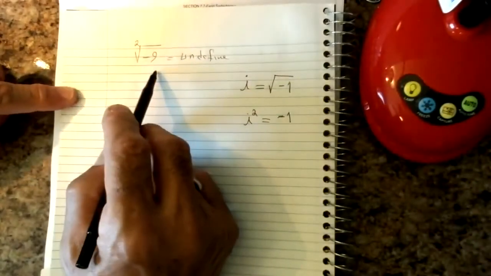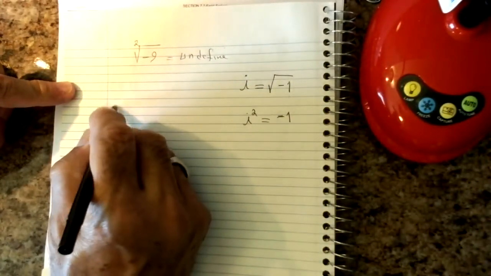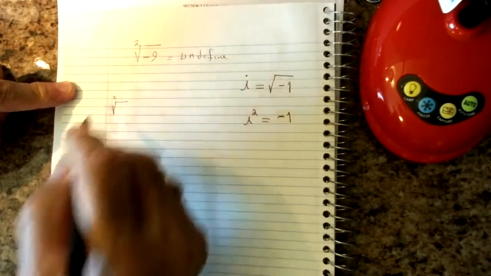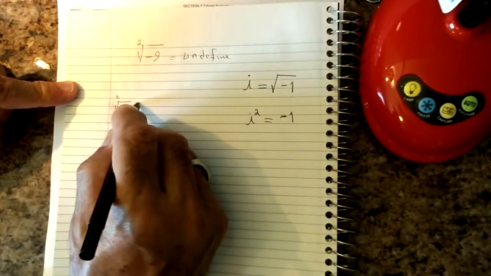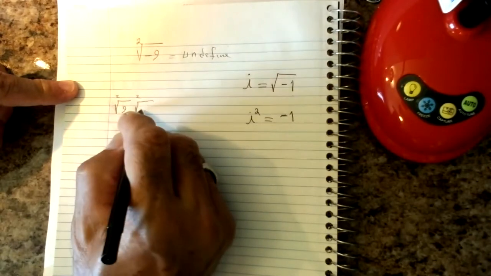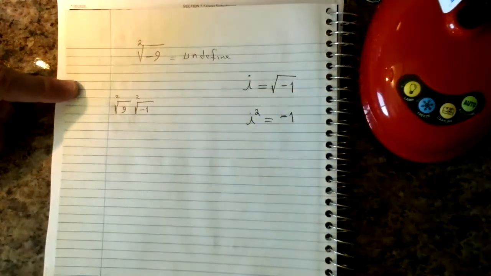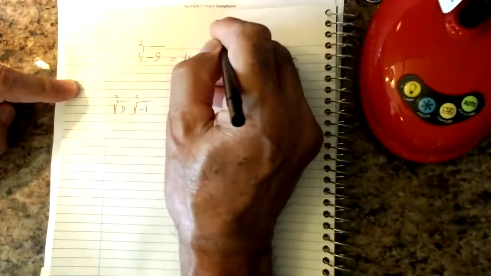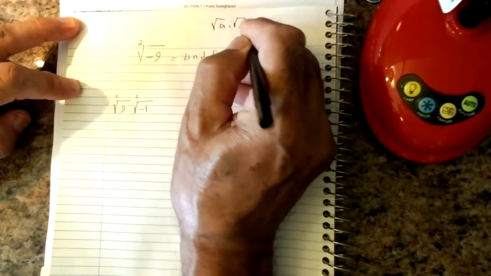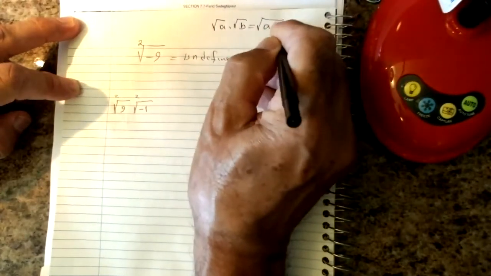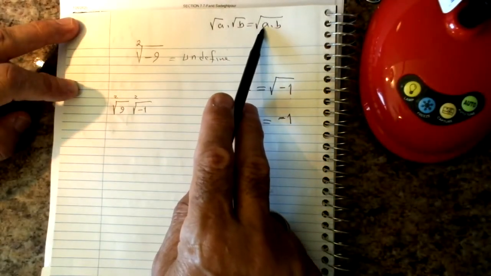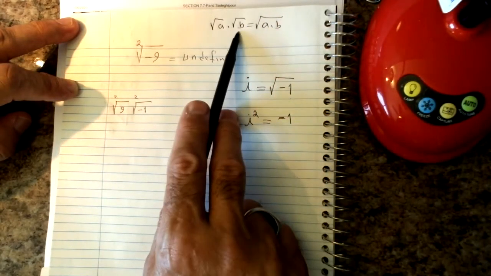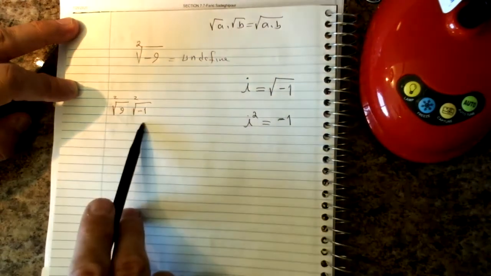So what we do for this one is, instead of the square root with -9 under it, we write it as radical 9 times the square root of -1. Remember, we had a formula that radical A times radical B is radical AB. You could also take the radical and break it into two, like this.